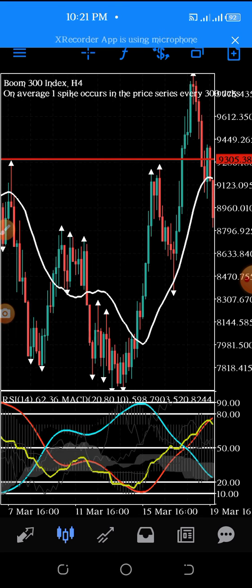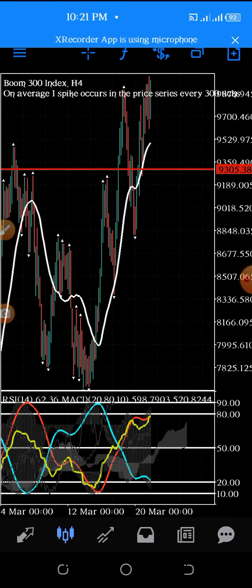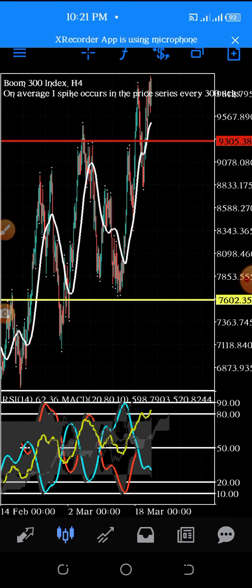I've told you how to draw this support and resistance. Watch here. This support is drawn using the highest peak of this market, which is somewhere here.